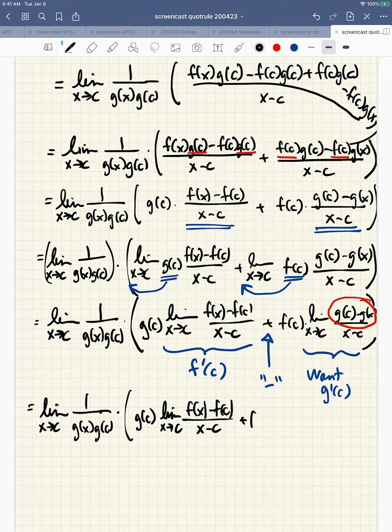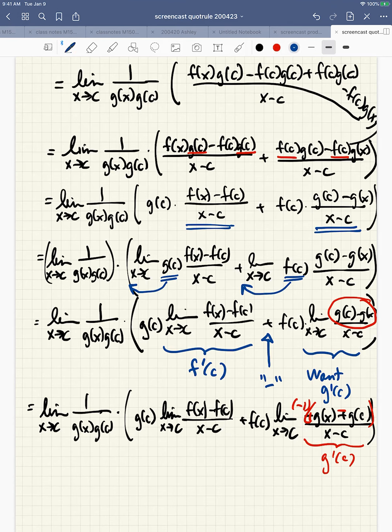So what happens when you change the order, you get a minus g of x plus g of c. And we're off by a sign, but if I factor out a minus 1, that becomes a plus, that becomes a minus, and then what I'm left with here is a difference quotient for g prime of c. So that's what we want to do.